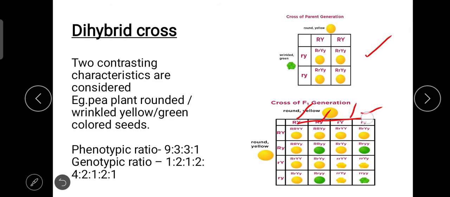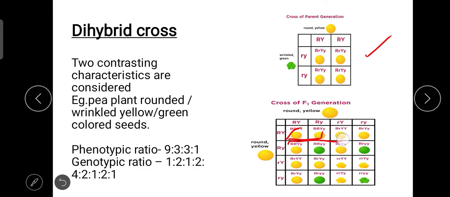So on the top side you can see the male gametes, and on this side corner you can see the female gametes. When he did the cross, so let us see how to do the cross. Crossing RY with RY, we got capital R capital Y. Next, crossing capital Y with capital R small y.